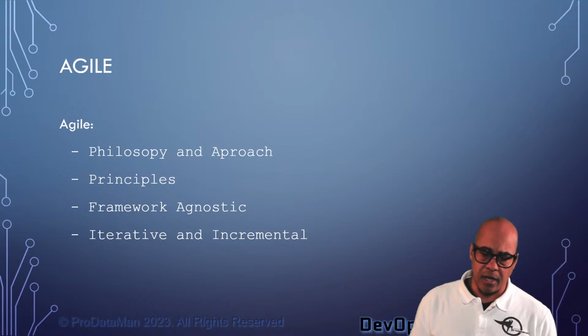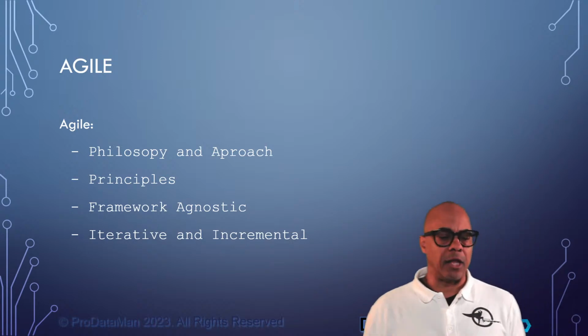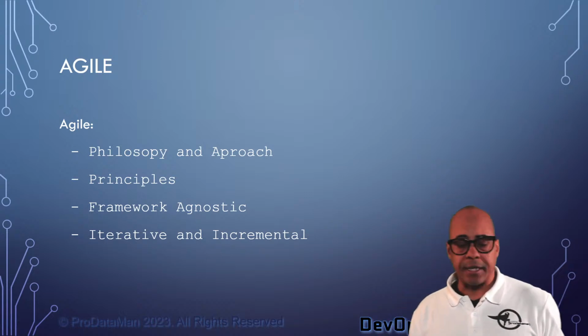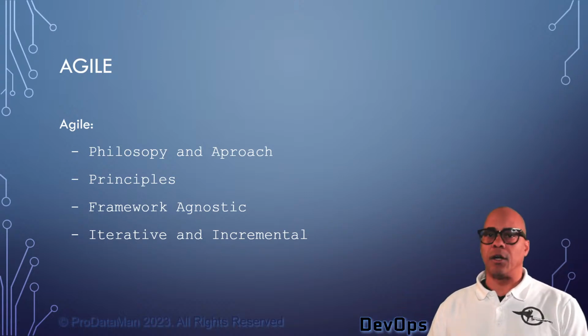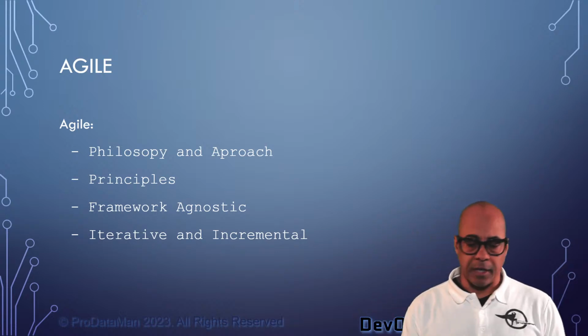So Agile is, again, a philosophy and an approach built on values and principles. It's framework agnostic, and it focuses on an iterative and incremental approach to software development.